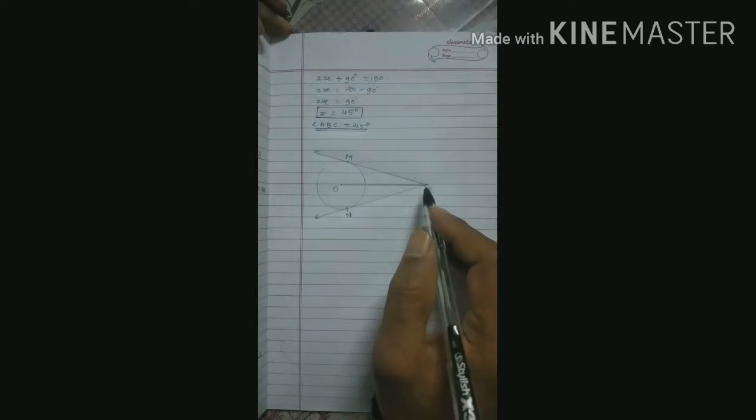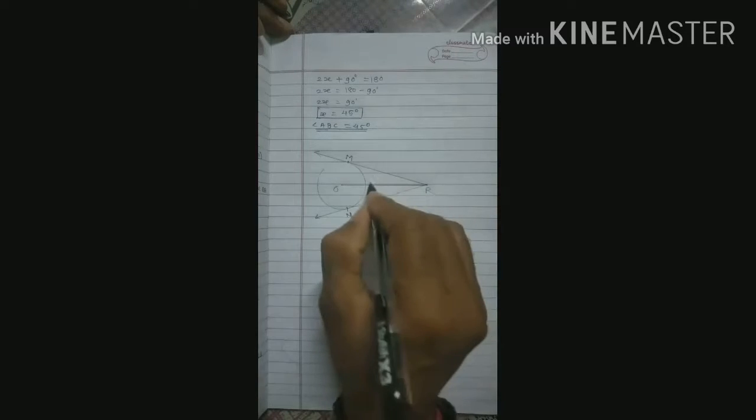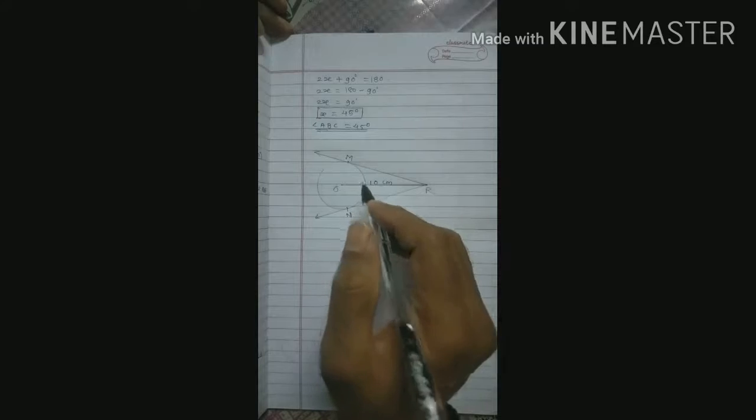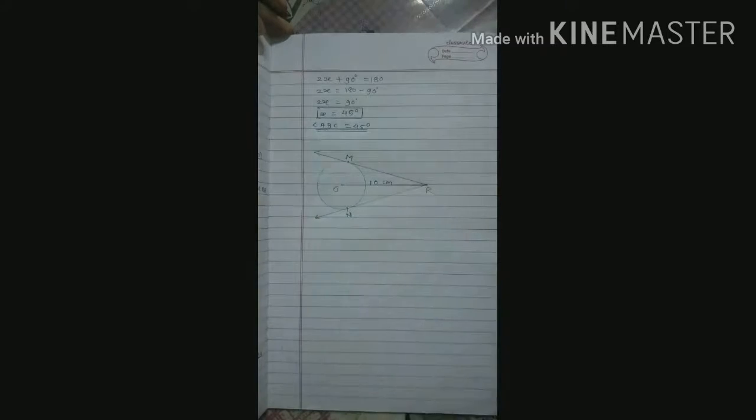Then in this example, OR is equal to 10 centimeter and radius of the given circle is 5. So I will draw the radius in this manner. This is also a radius, and its length is 5 centimeter.